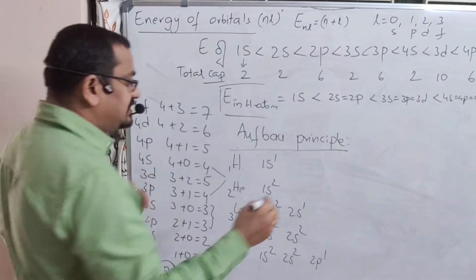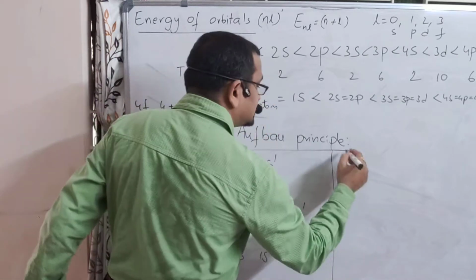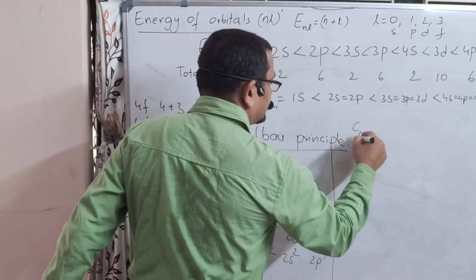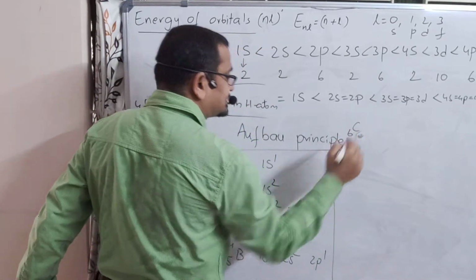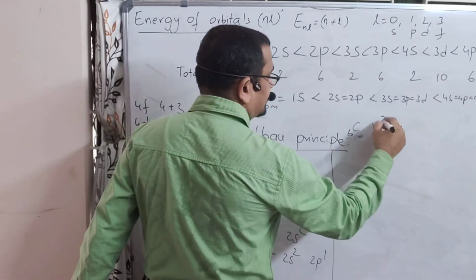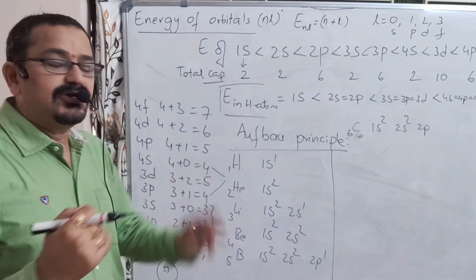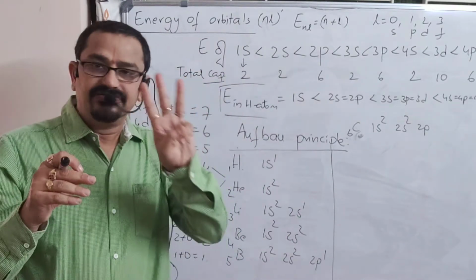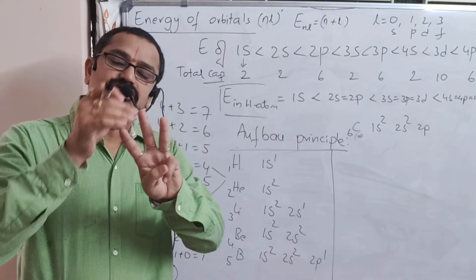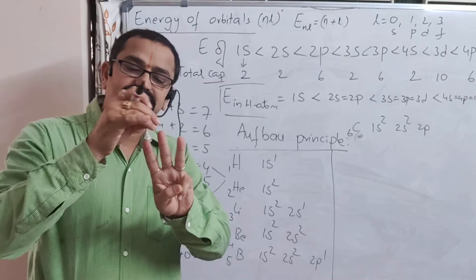Understood? Likewise, if we take carbon, with 6 electrons, it is 1s2, 2s2, 2p2. The 2p sublevel has 3 orbitals, right? Each orbital can be accommodated with 2 electrons, 2 plus 2 plus 2.